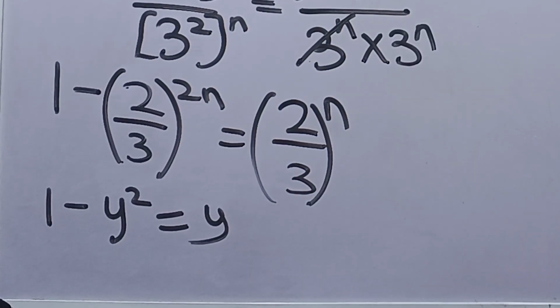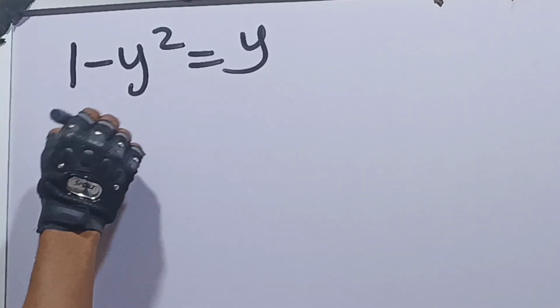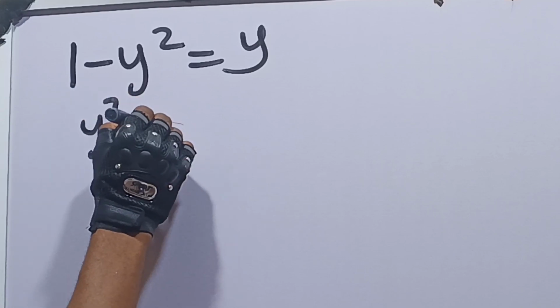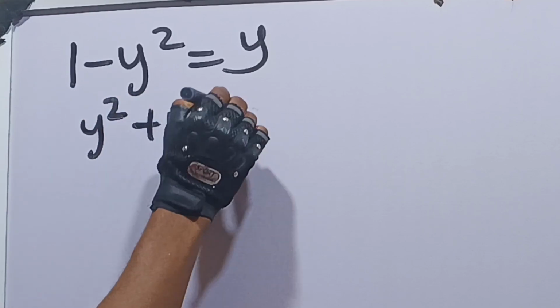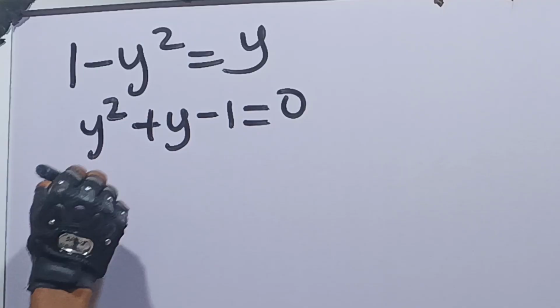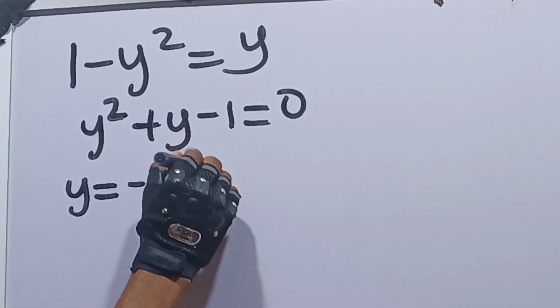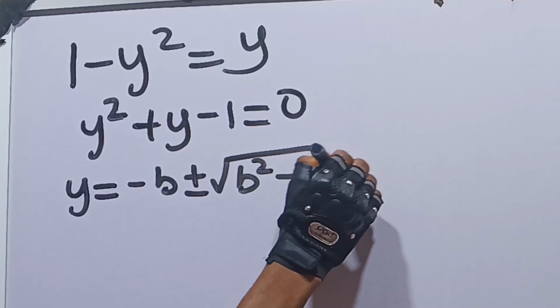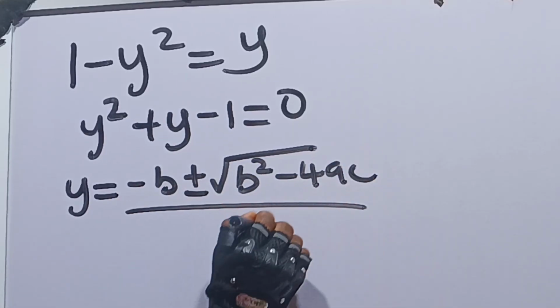Now moving on from here, we can now say that y squared plus y minus 1 is equal to 0. Now, we use the quadratic formula to solve this. So we have that y here will be equal to minus b plus or minus square root of b squared minus 4ac, all over 2a.